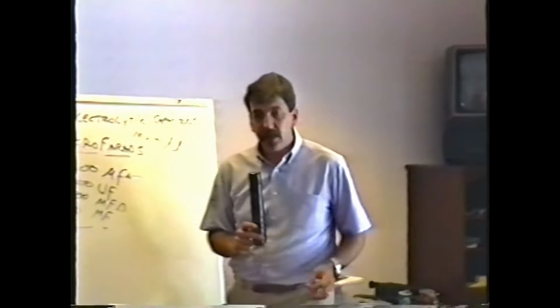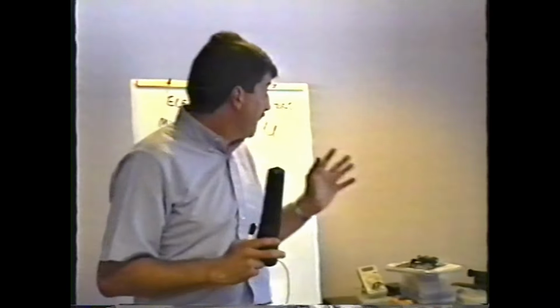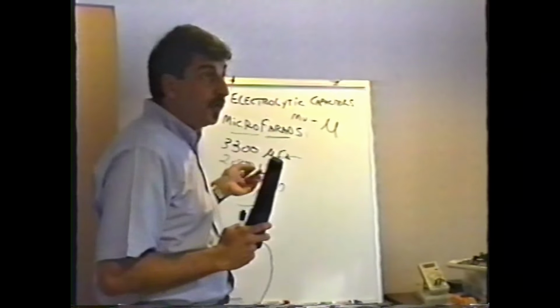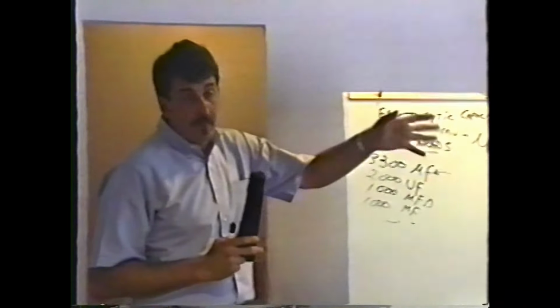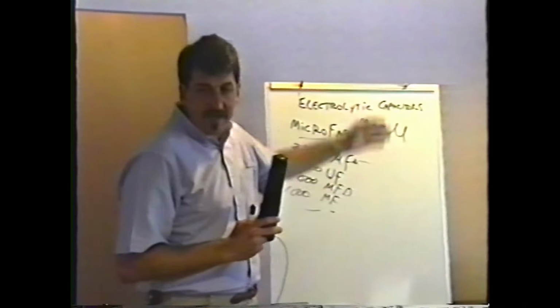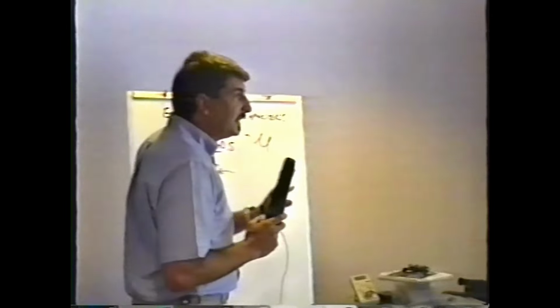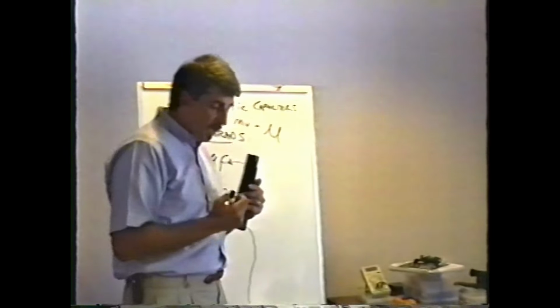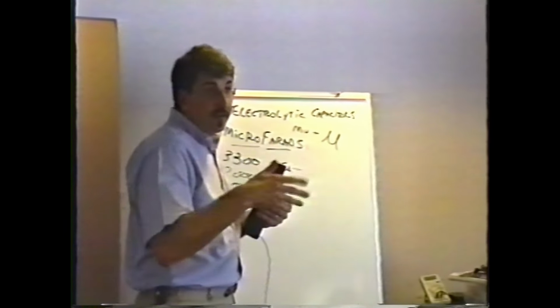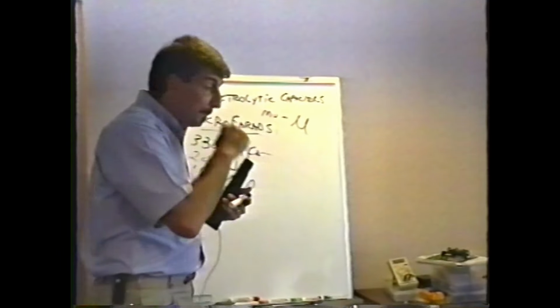Typically, in a power supply, we have capacitors that are 3,300 microfarads, like the one I showed you. We use everything from a half a microfarad up to 18, 20,000 microfarads, all kinds of different values, and they do different things in different circuits.